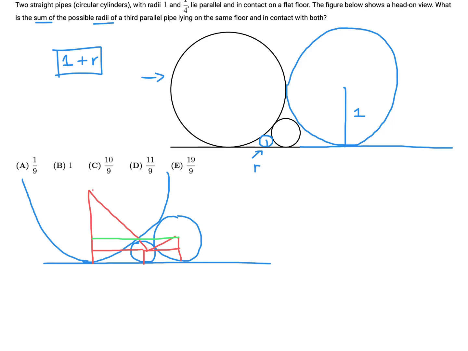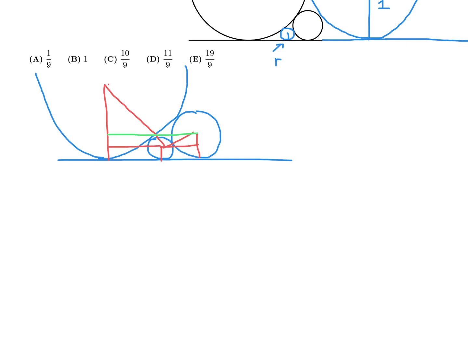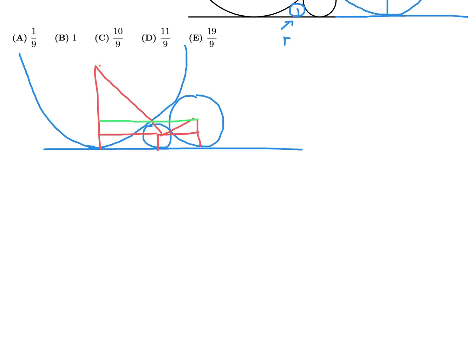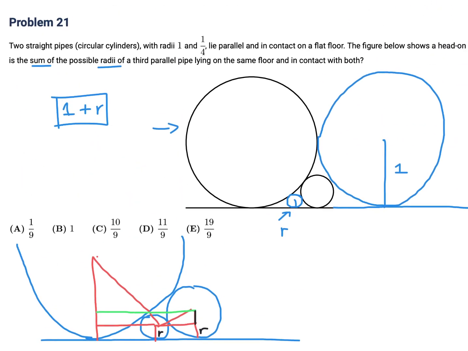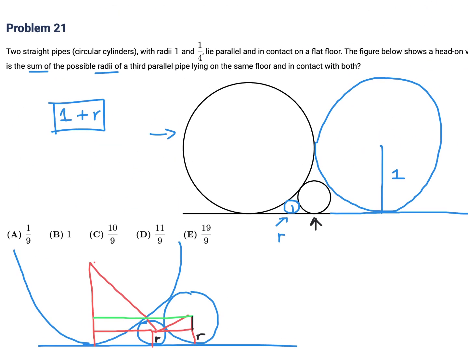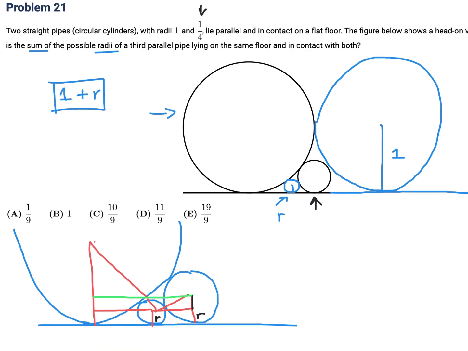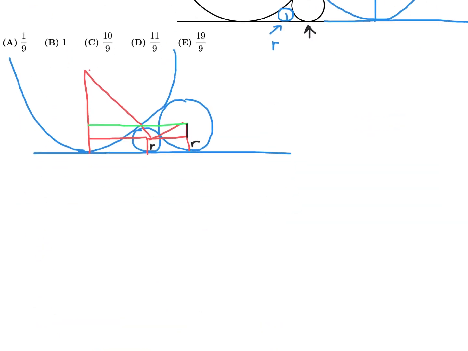Okay, so now we have to label a whole bunch of stuff. This little guy here is r. And then from here to here would be, what was the radius of the middle one? This circle right here. Did they give, oh, it's a quarter. So it would be a quarter minus r.